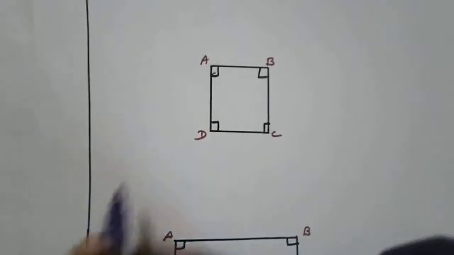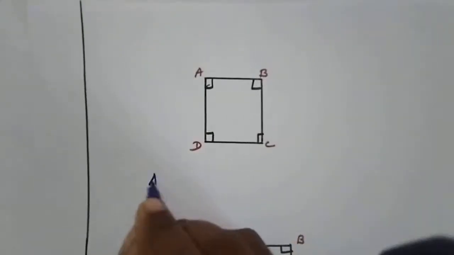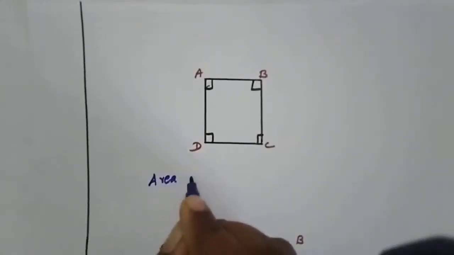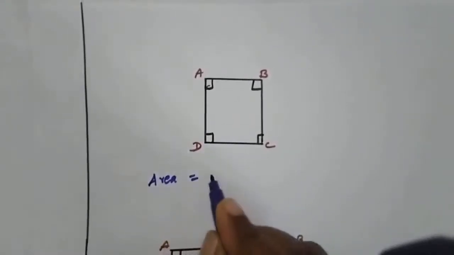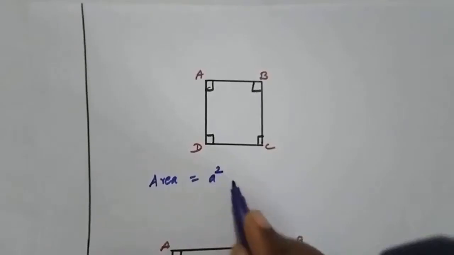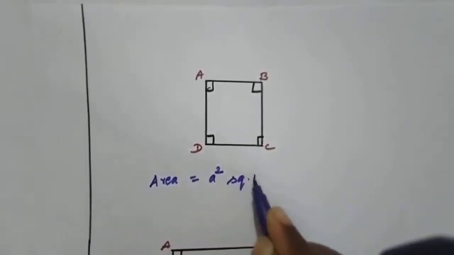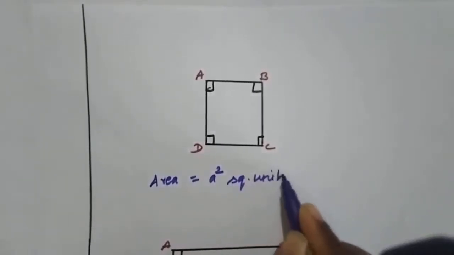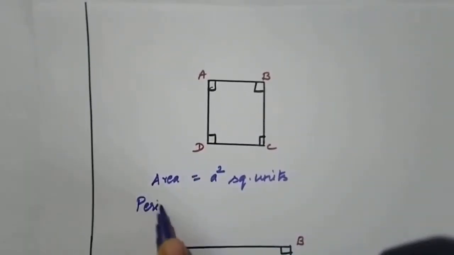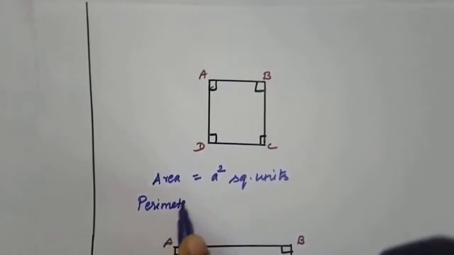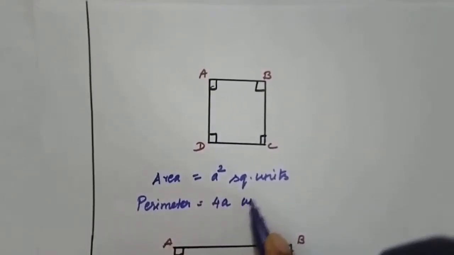And its area is, if A is the length of the side, then its area is equal to A square units. Perimeter is 4 times A units.